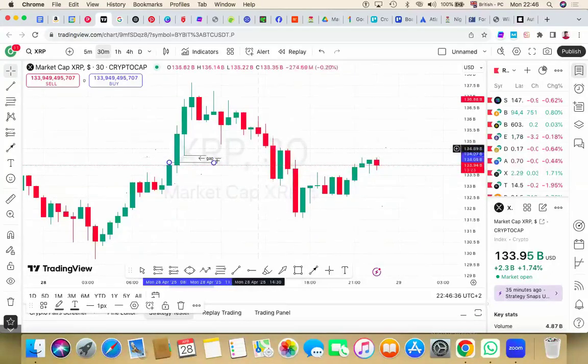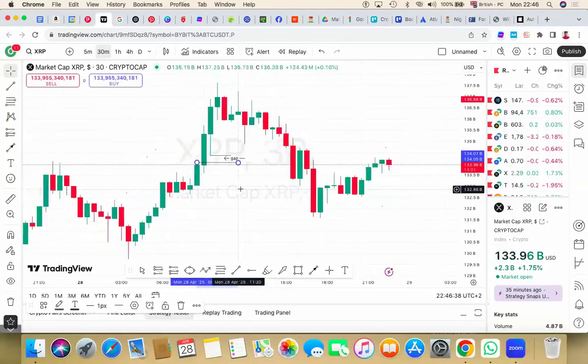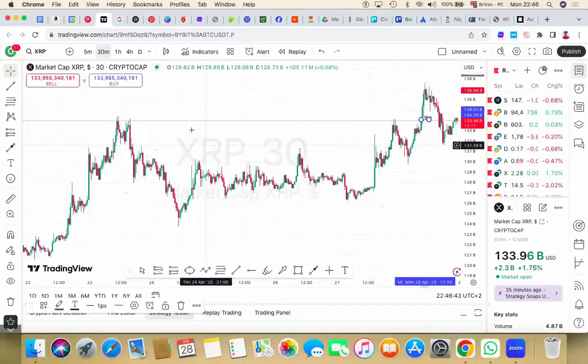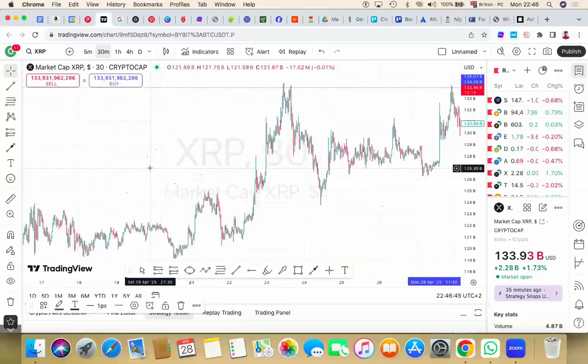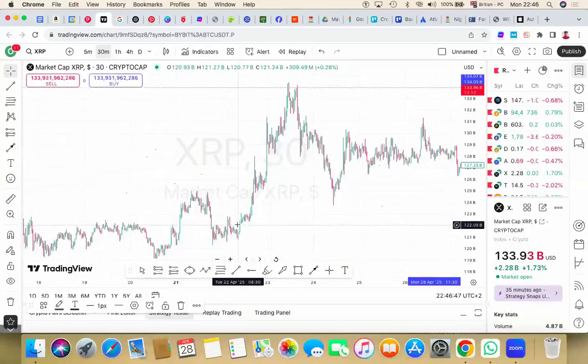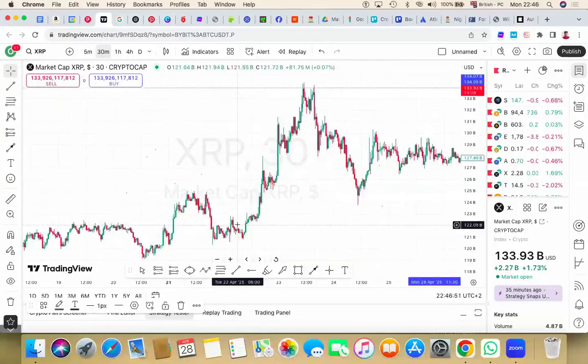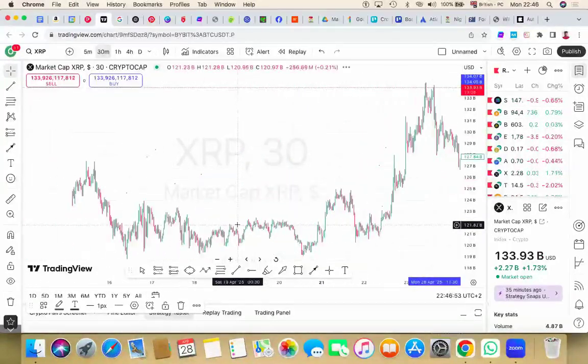So now this is a weak scenario, and let's look for another scenario as well, even though we won't be entering the trade, we just want to look at the scenarios.